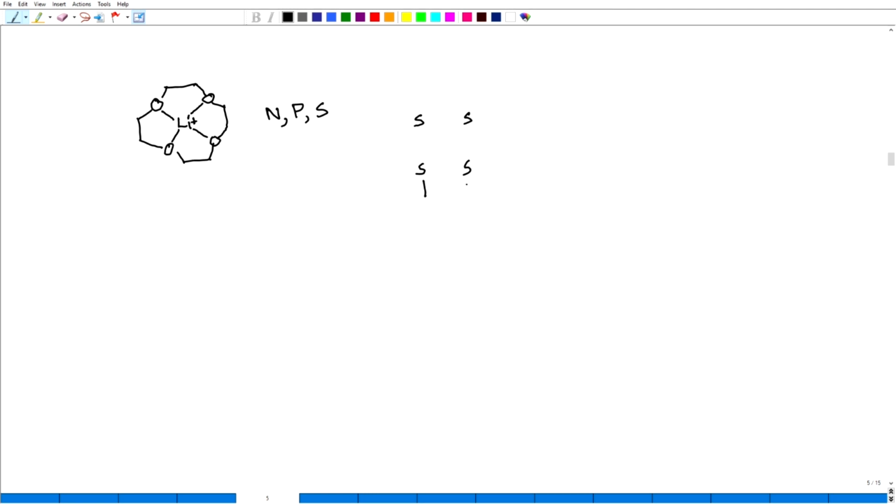There could be sulfur like this. So a heavy metal will try to bind, but it cannot enter here. So what do we need? We need a macrocycle that is somewhat bigger.